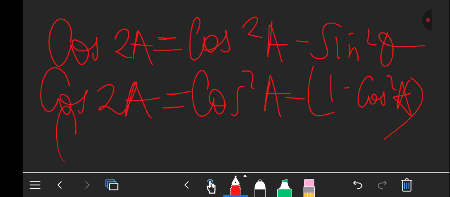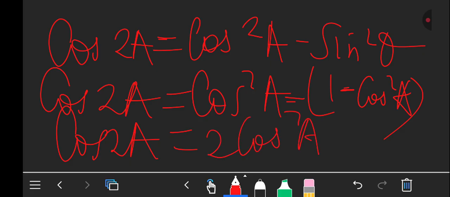So cos 2A is equivalent to cos squared A, negative multiplied by negative gives a positive, so cos squared A plus cos squared A gives 2 cos squared A, then minus negative times positive 1, that is negative 1. So the identity for cos 2A is also given by 2 cos squared A minus 1.